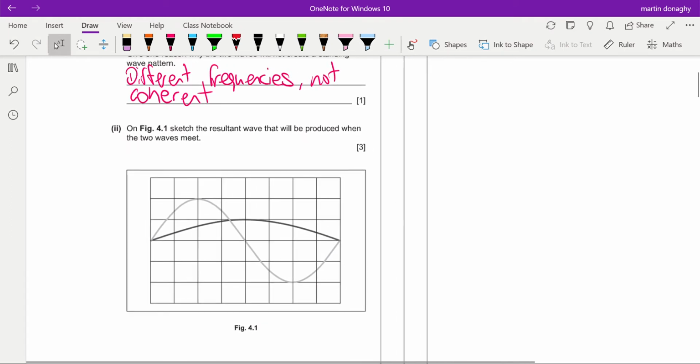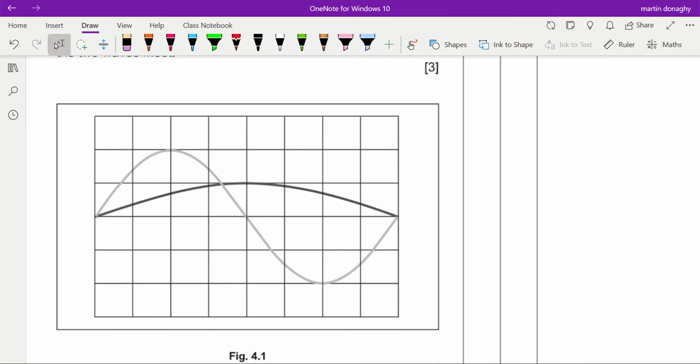On figure 4.1, sketch the resultant wave that will be produced when the two waves meet. And all we do is add. So at this point, the grey and black one have a displacement of 0. Here we just add this point, and that will bring us to about there. This one, add that displacement to that displacement, and it gives us about there, and we just keep doing that as best we can.